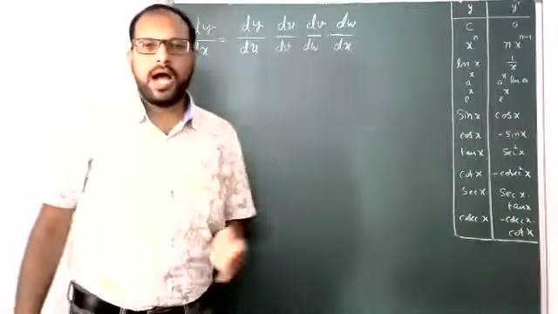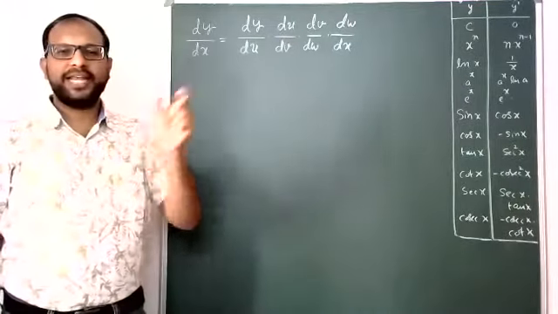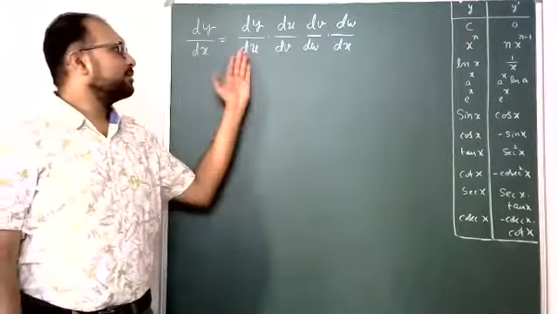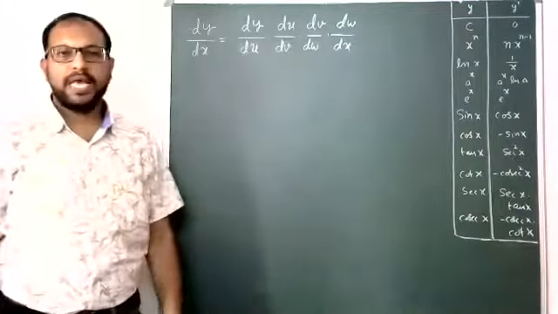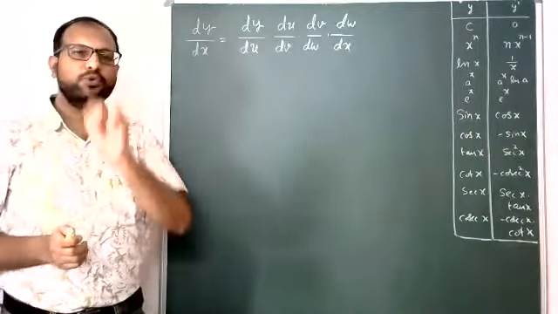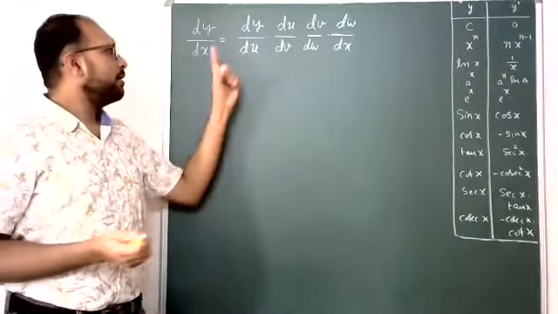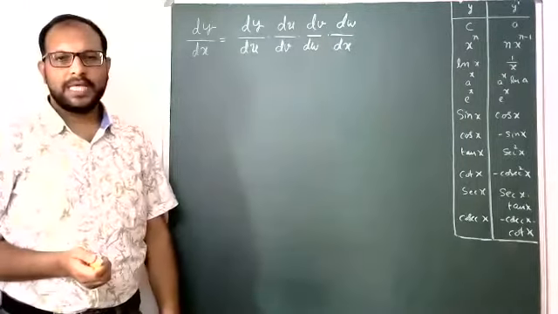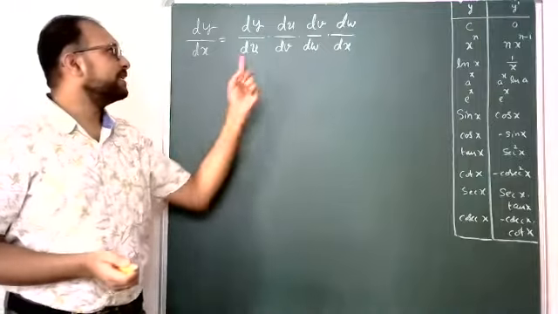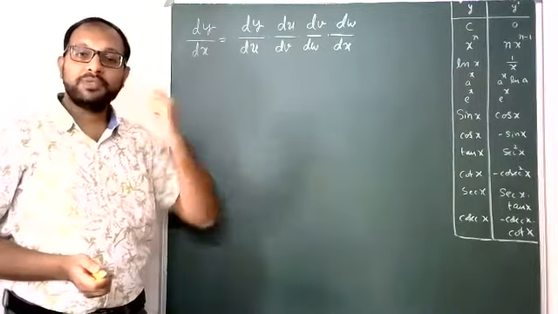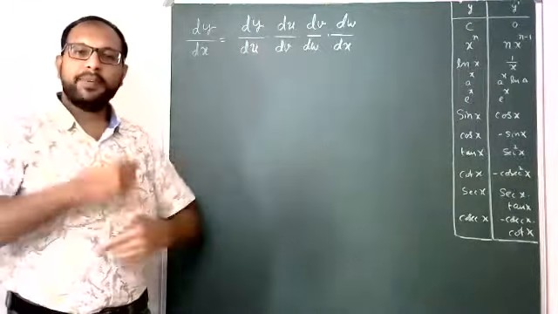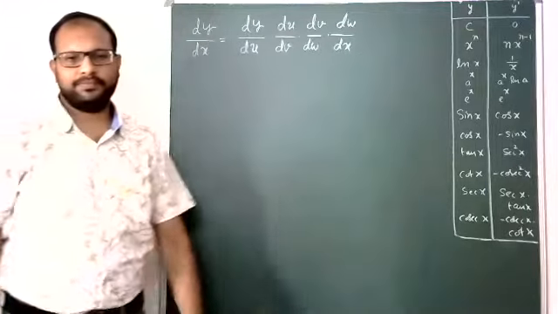Like that, however many chains are required, that many you can use. Some problems require only 2 terms, the first and the last. Some problems require 3, some 4, and some more than 4 also.